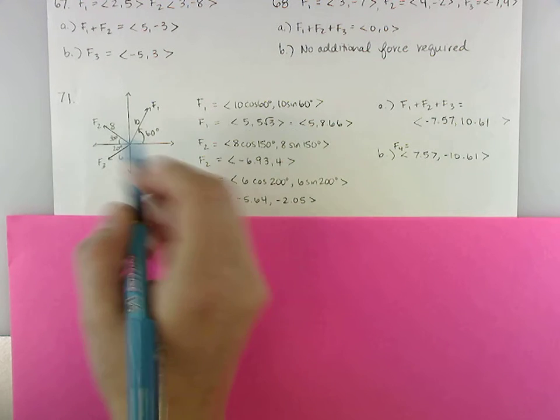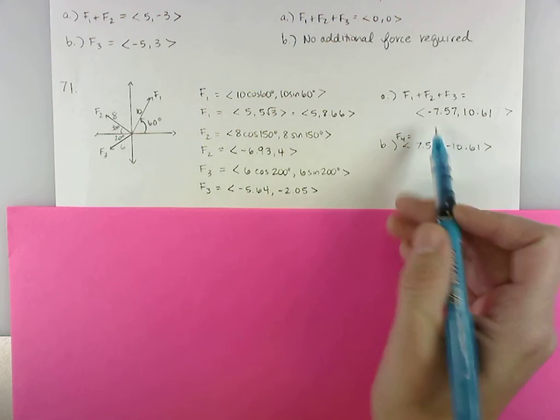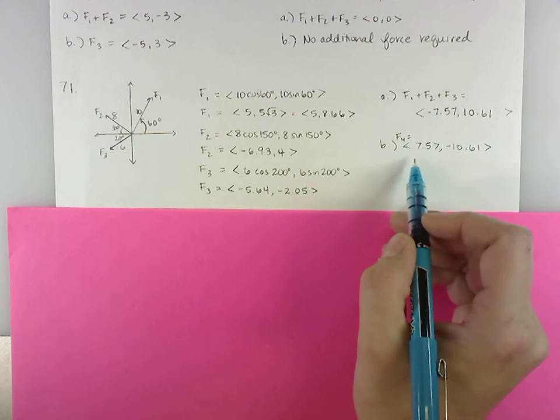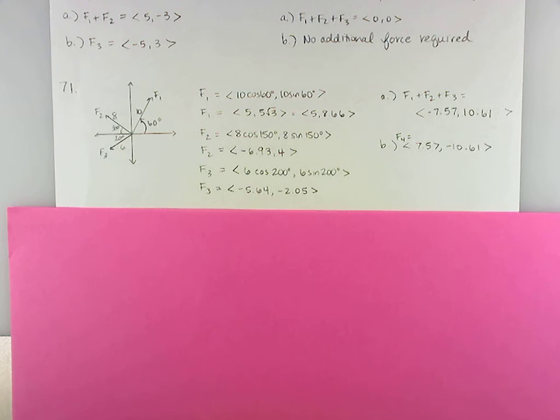For the third force, it's going to be 200 because you're going to do 180 plus 20 to get your 200. And then because our force for part A was negative 7.57, 10.61, the additional force needed would be 7.57, negative 10.61.